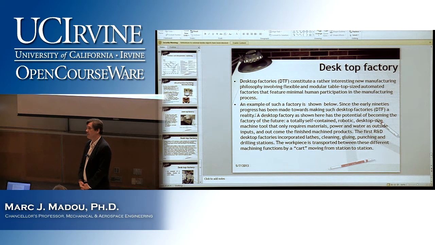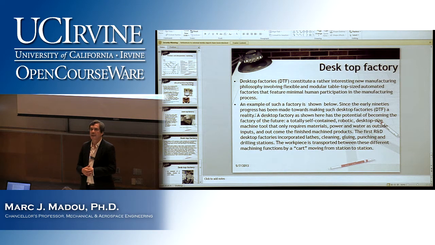It was also the idea that the desktop factory could be owned by many more people. And so instead of having centralized manufacturing stations that cost millions, the hope is that some of these desktop factories could be much less expensive. So in a way, this 3D printing wave we see now that's so popular is kind of in the same vein, isn't it?